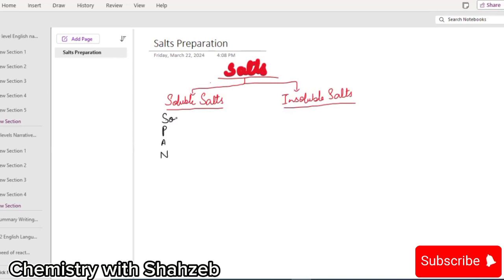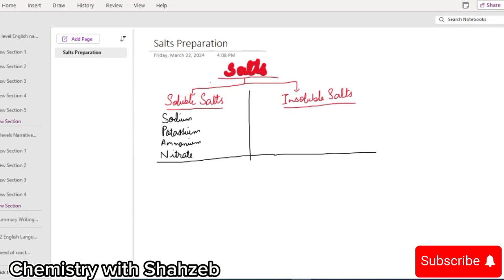S means sodium salts, P means potassium salts, A means ammonium salts, N means nitrate salts. These salts are said to be the soluble salts.